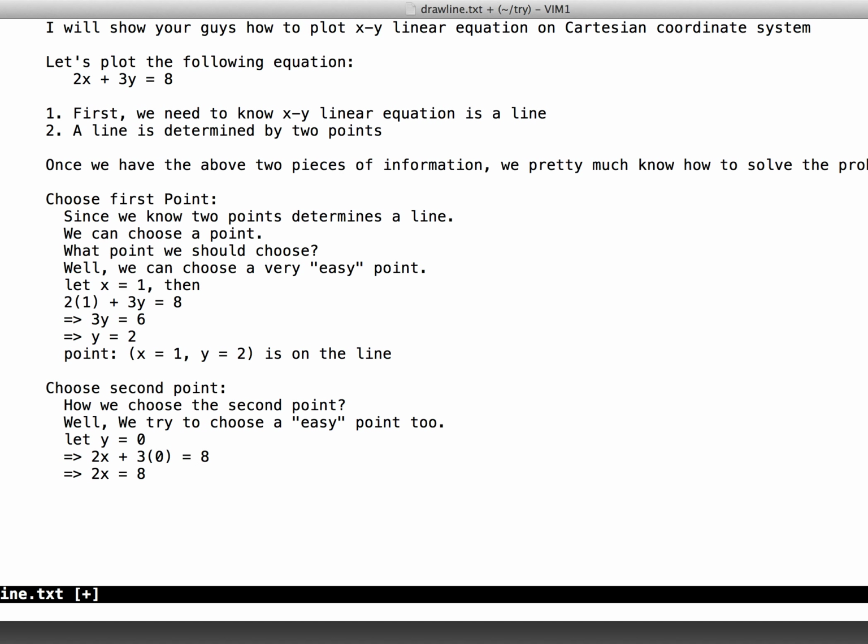So it means we have 2x equal to 12, so we have x equal to 6. So we know the second point is x equal to 4, y equal to 0. Right? So we have the first point and the second point.